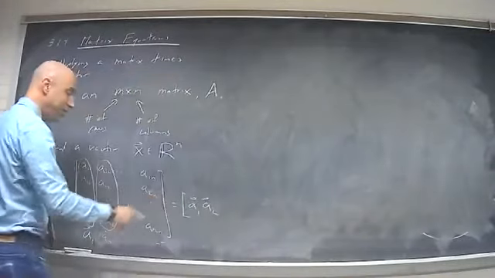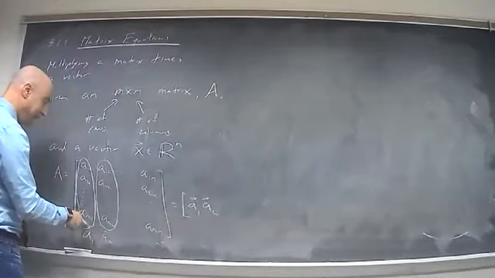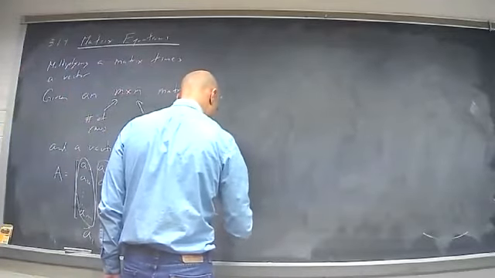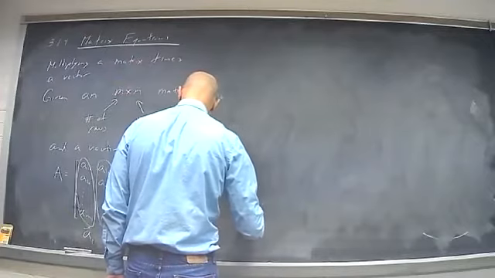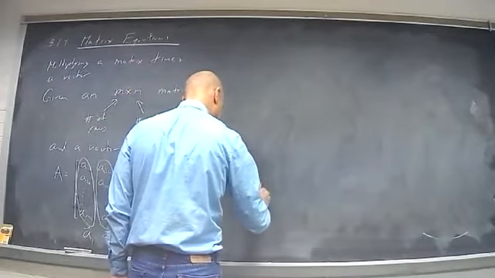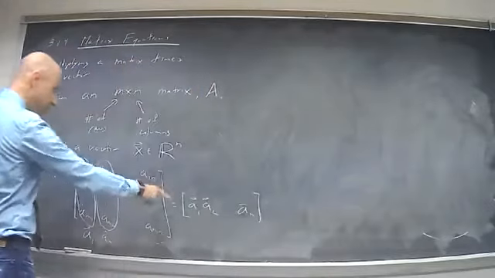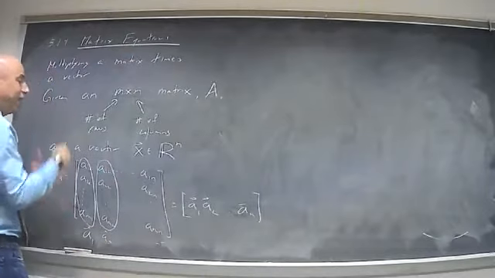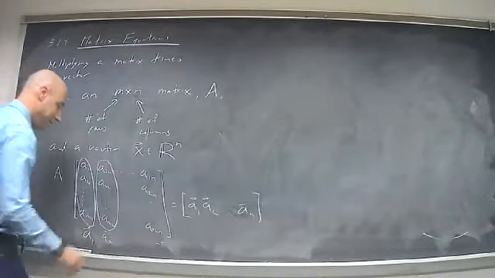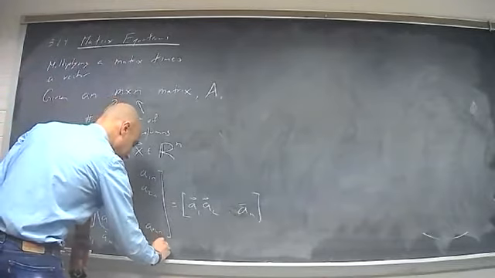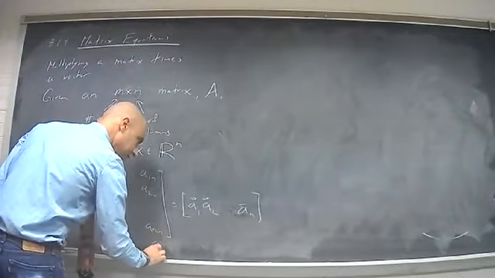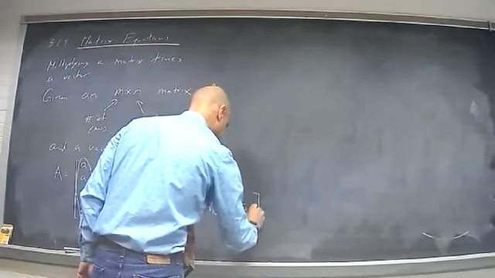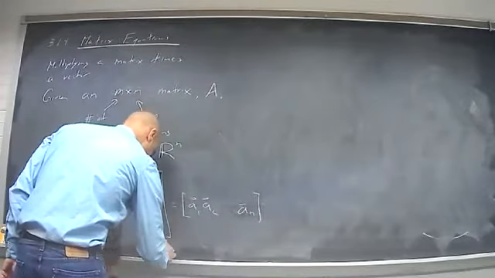So each one of these vectors has exactly m entries, all the way up to A n, my last column. So this is still an m by n matrix. It's just that I'm writing each column as a single letter.